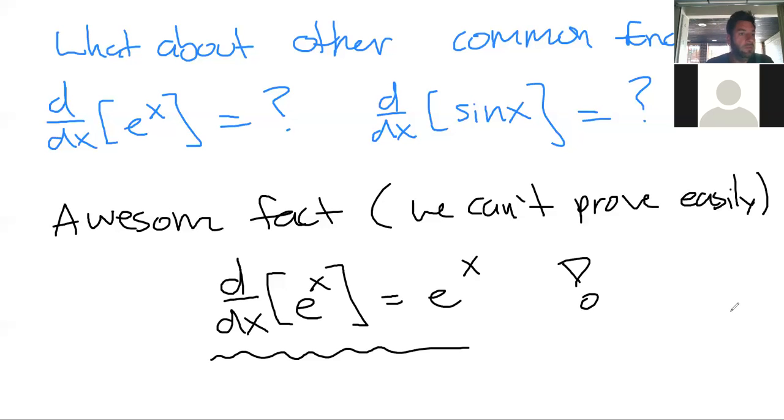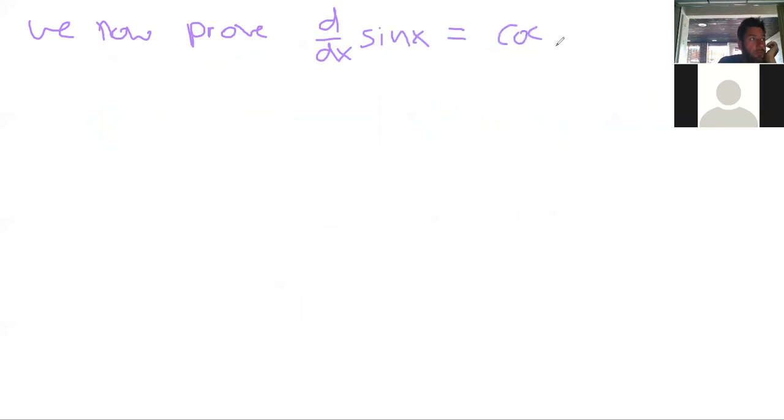Very cool fact. Okay, what about sine? So we can actually derive this one, so we're going to do it. We're actually going to prove that the derivative of the sine is the cosine, which is a pretty cool fact.